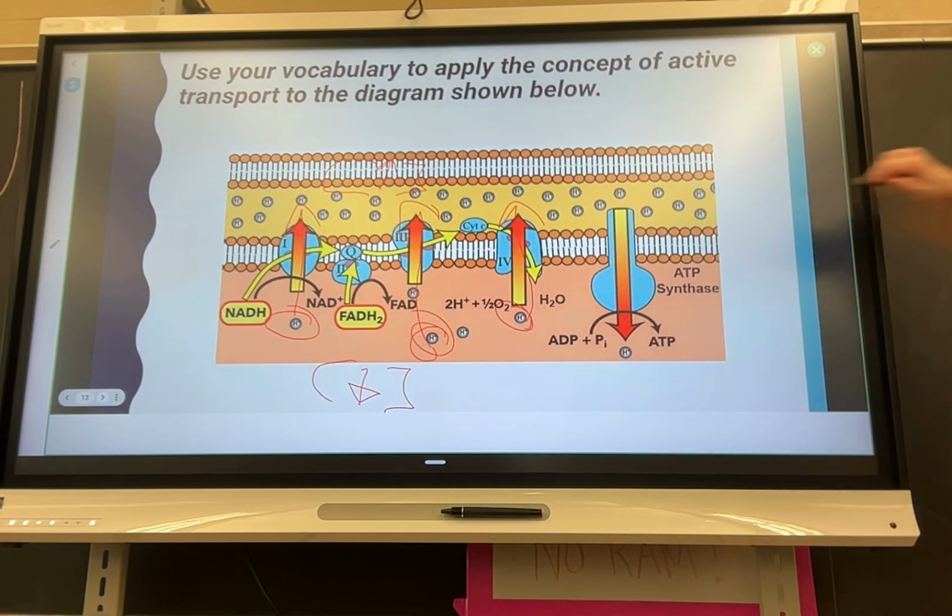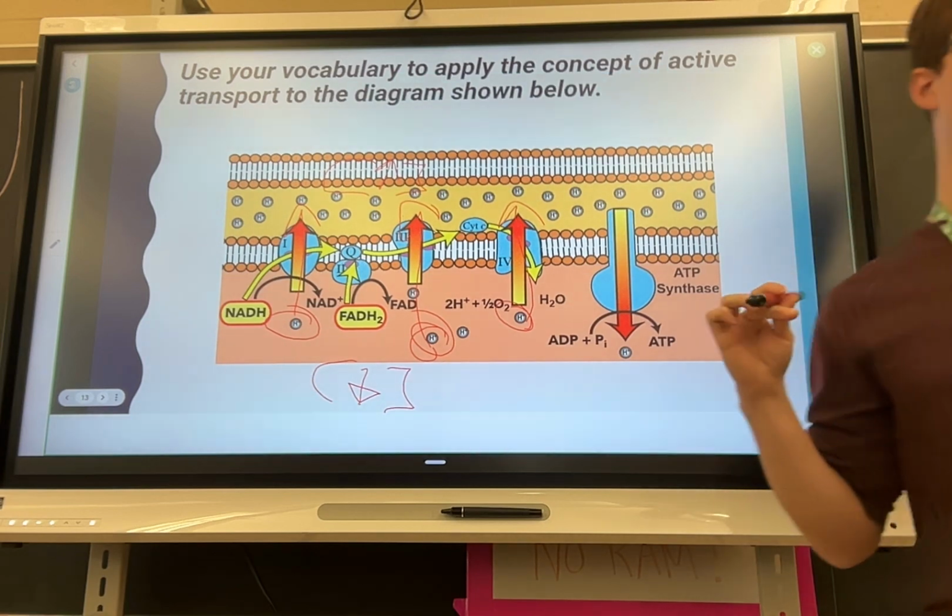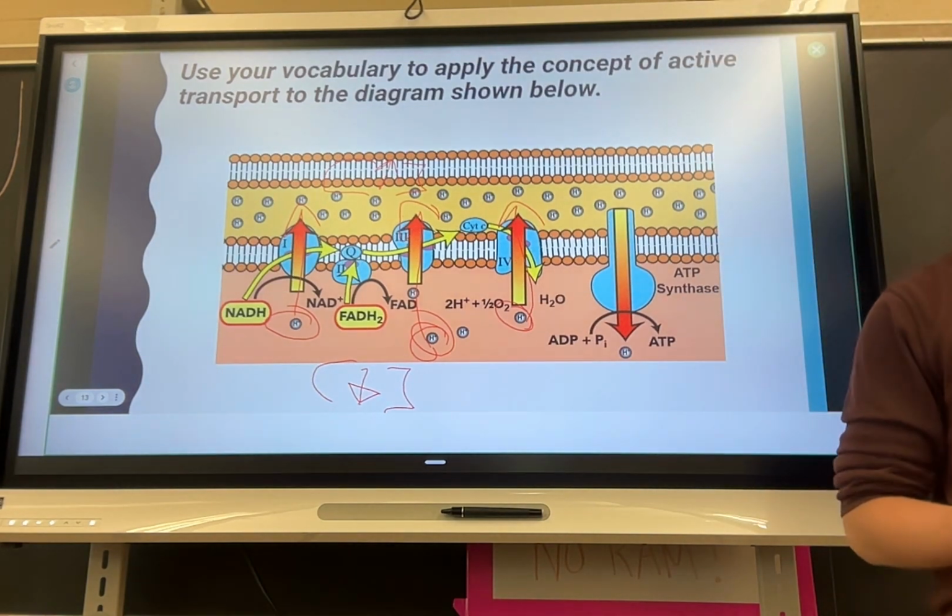Anybody recognize this diagram? It's the plasma membrane. It is not the plasma membrane, it's the membrane mosaic. This is actually from a previous unit. What from the last unit? What is it?